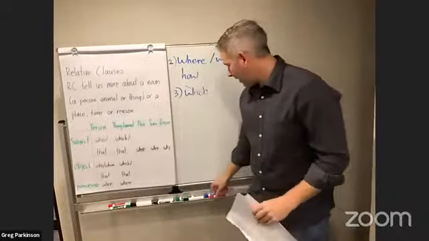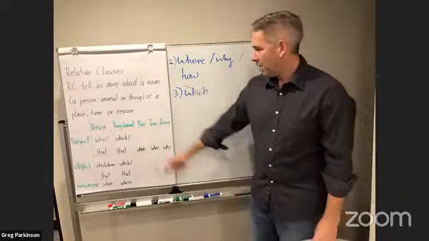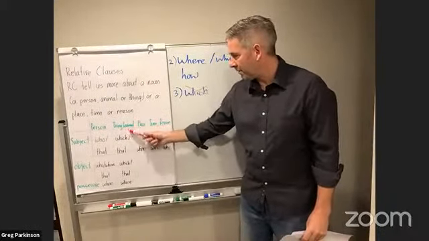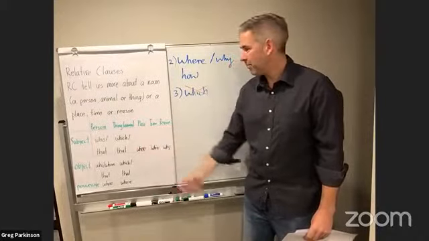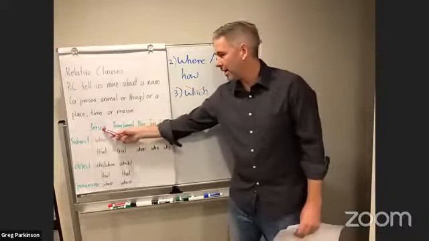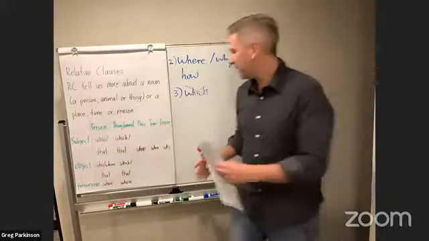So the copycat killer, this is a person, right? So this is obviously a relative clause. We're going to use that or which for things, animals. So copycat killer is a person. Who is going to be the best answer?